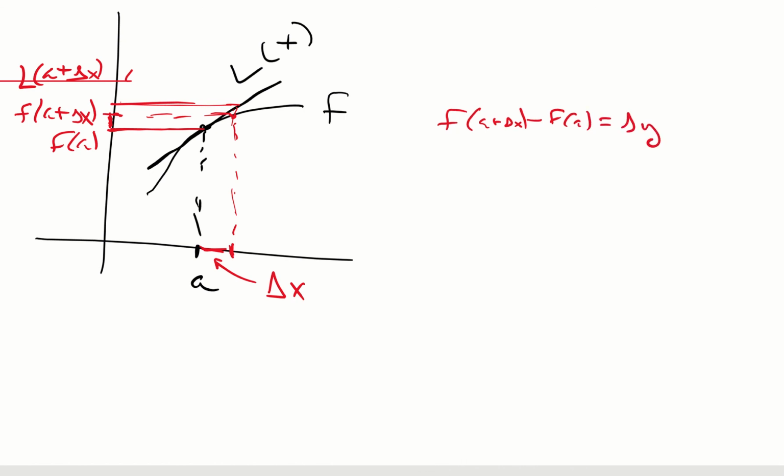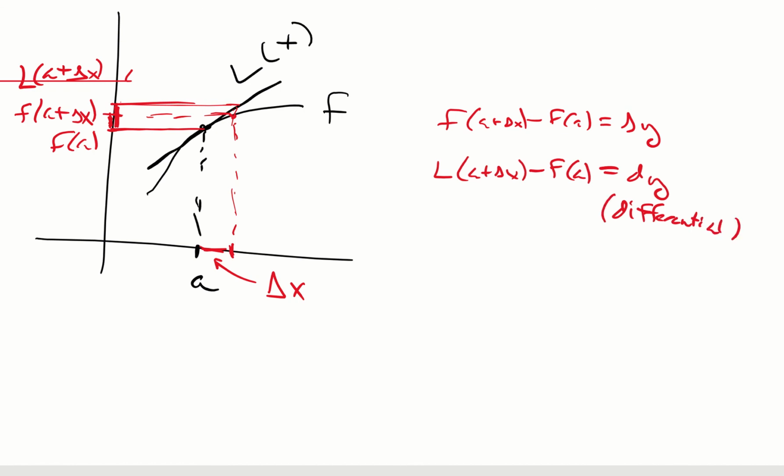That's the change in y along the function. But you also have this other piece that's not exactly the same size, and that is L of a plus delta x minus f of a, which is equal to, they give it a different name because it's a different value, dy, and that's the differential. It's the change along the tangent line.